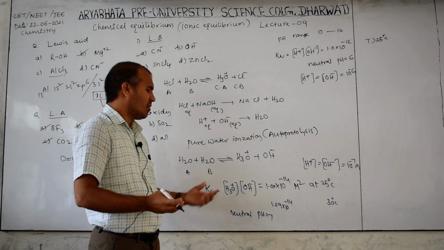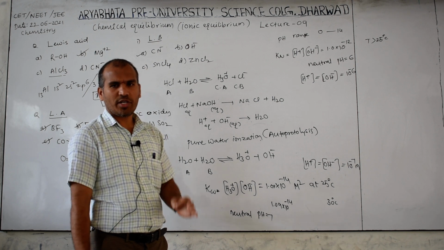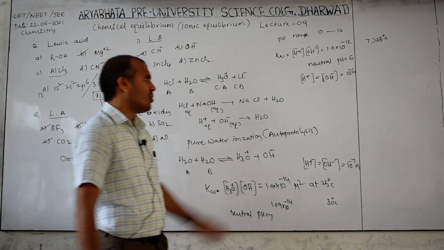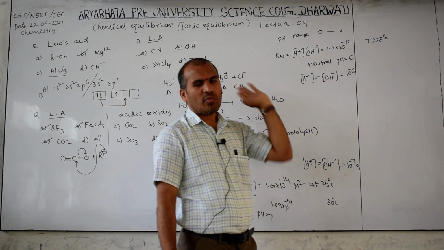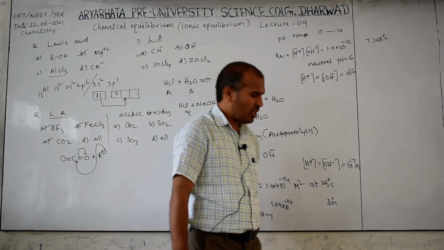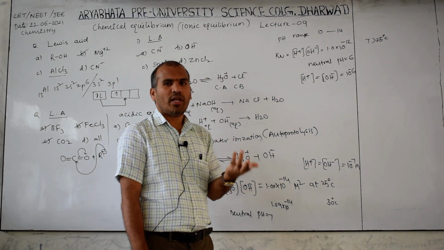So Kw value depends on the temperature, therefore the neutral condition also changes. Now according to this neutral, less than 6 is acidic, more than 6 is basic. Here less than 7 is acidic, more than 7 is basic.